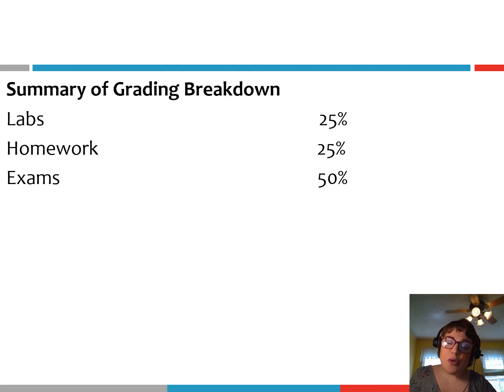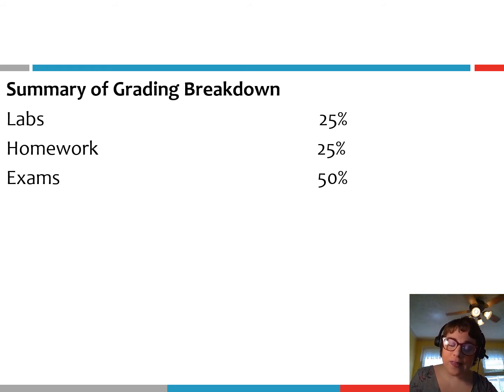Okay. So again, because of COVID, I did pare down a lot of the assignments that you will end up having to do. So really there's only 3 grading groups here, or types of assignments that you're going to be graded on.